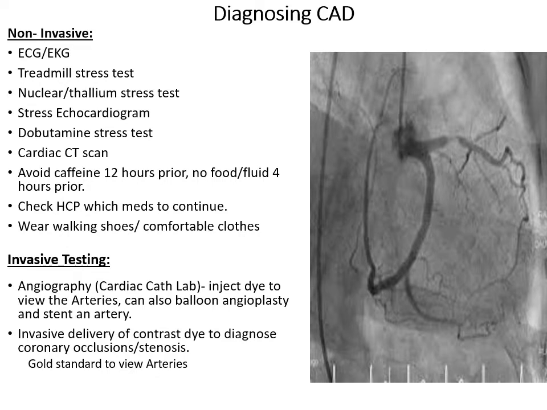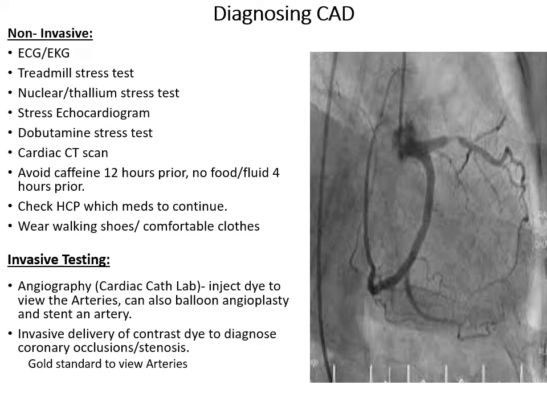So the first one is an ECG. We can see a lot of changes on an ECG that can help us diagnose coronary artery disease, including heart attacks. So ECGs can be very useful, and it's just the 12-lead ECG that the computer puts onto a piece of paper and we read it.